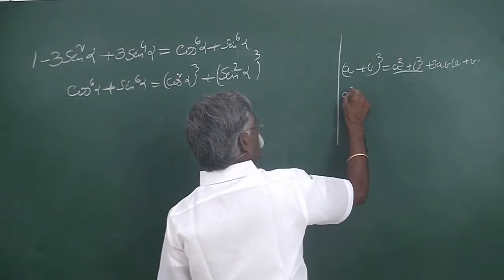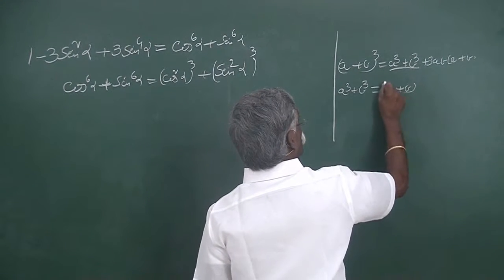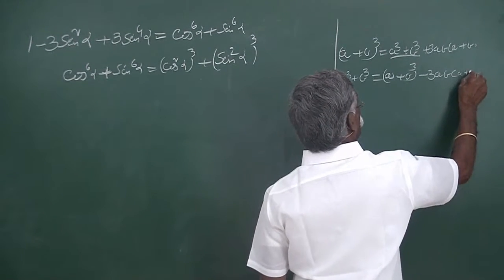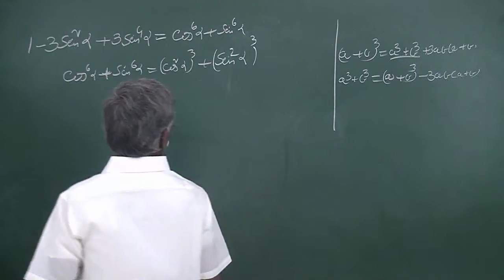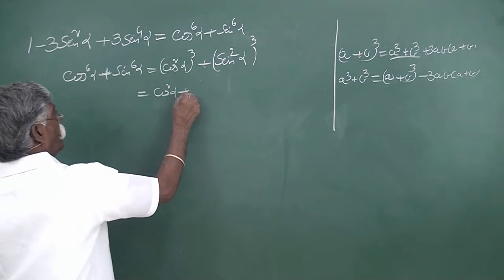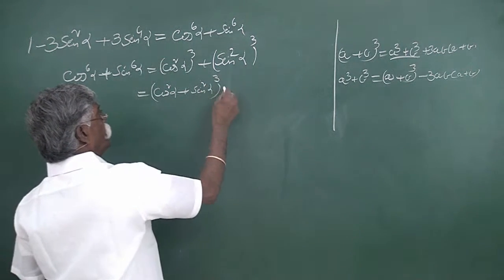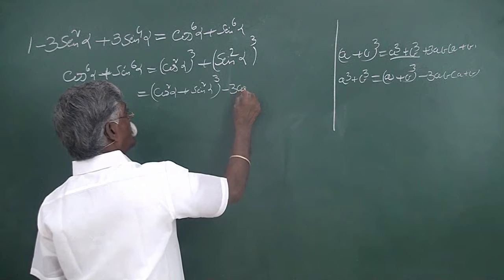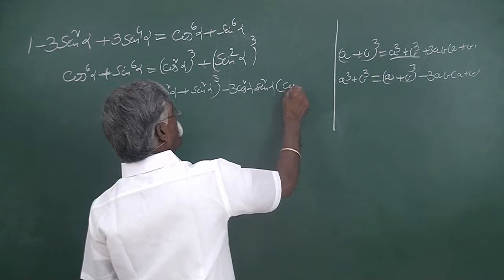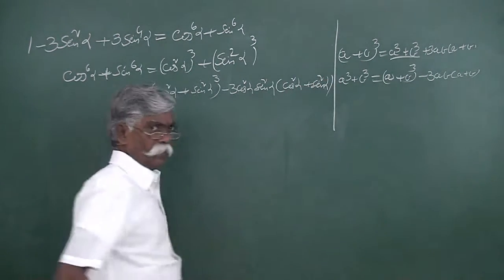From this, a cube plus b cube is equal to a plus b whole cube minus 3ab into a plus b. So if we apply this, this is cos square alpha plus sine square alpha whole cube minus 3ab means cos square alpha sine square alpha into a plus b means cos square alpha plus sine square alpha.